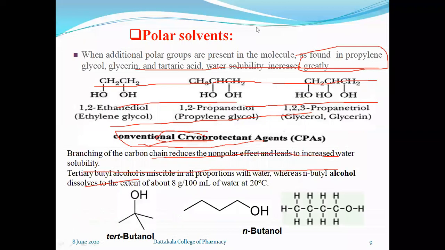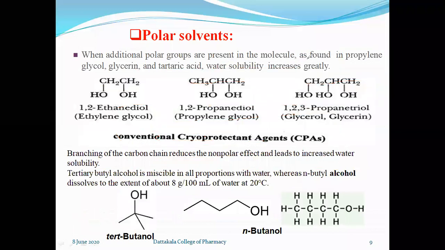If you look at this slide, here additional polar groups are present in the molecules, as found in propylene glycol. Now we saw in the earlier slide what I told you, the monohydroxy alcohols, if they have more than 4 to 5 carbon atoms, show slight solubility because of the lower polarity.